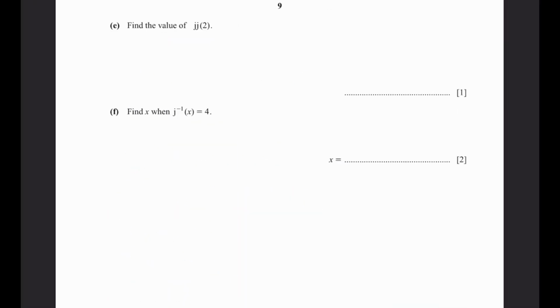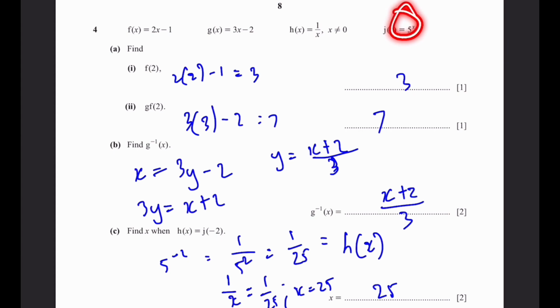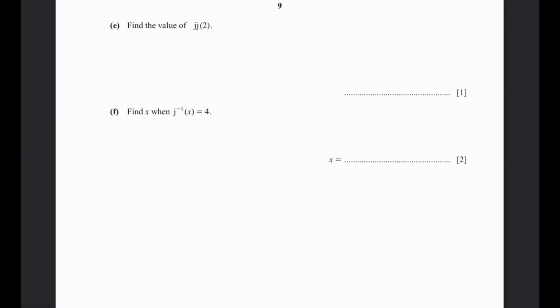E. Find the value of jj of 2. So j is equal to 5 power x. So for jj of 2, we do j first. j of 2 is 5 power 2, which is equal to 25. So jj of 2 is equal to 5 to the power 25.